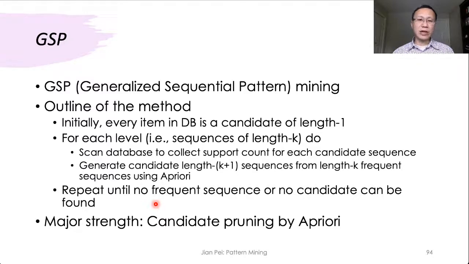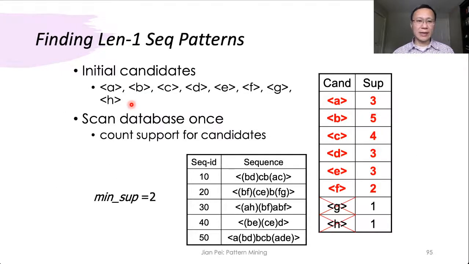The major strength of the GSP algorithm is that it uses the anti-monotonicity to prune candidates. Let's look at one concrete example. This is our sequence database you saw before. Let's set the minimal support to be 2. In the first scan, we set every single item as a candidate.